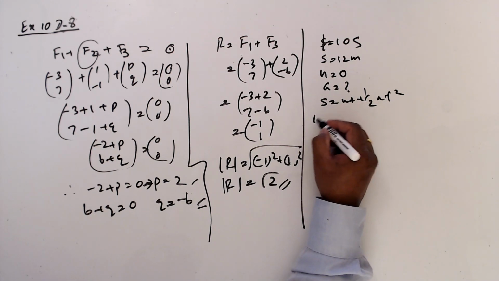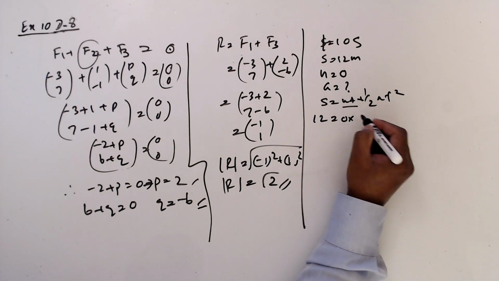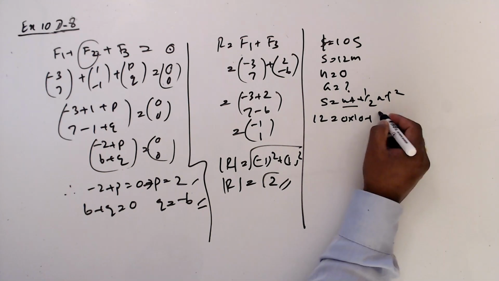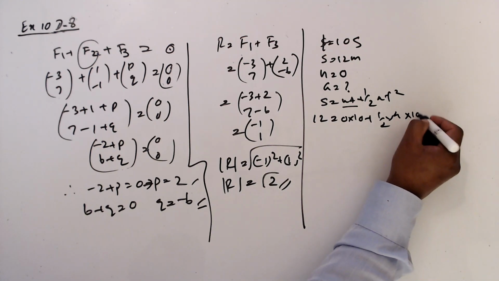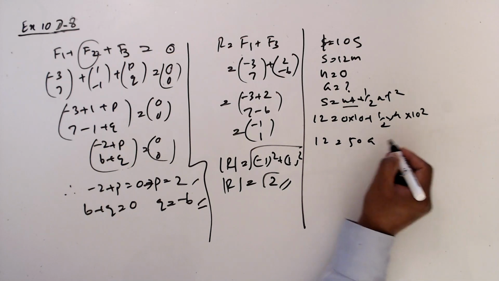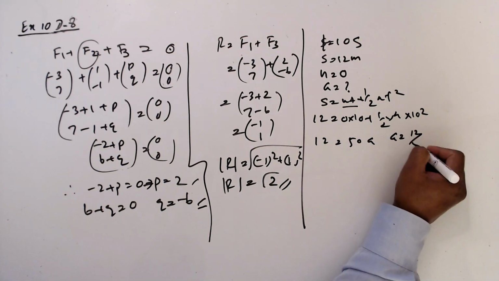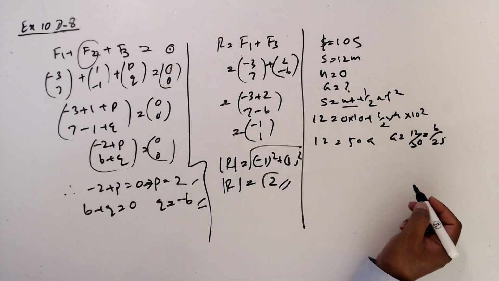s is 12, and this is going to be 0 times 10 plus half times a times 10 squared. So 12 equals 50a, a equals 12 divided by 50, which is 6 divided by 25.